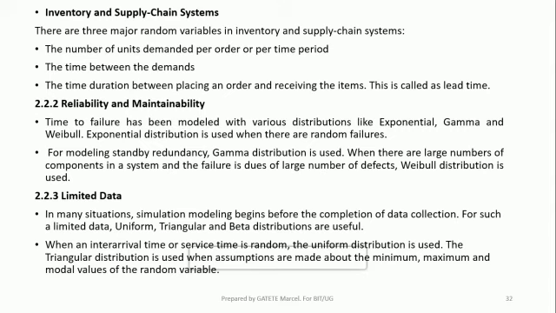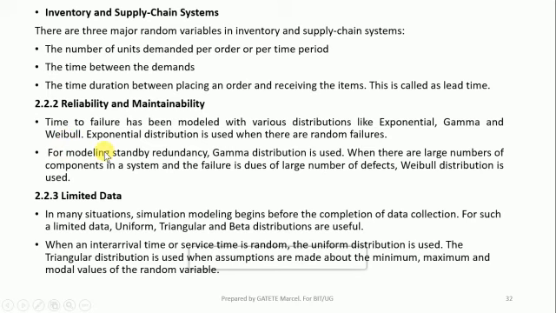For example, you have a generator that is not working properly, so you can't predict that today the generator will fail. So here the failure will be modeled as exponential because we have a random variable. You can also use gamma and Weibull distributions, no problem.